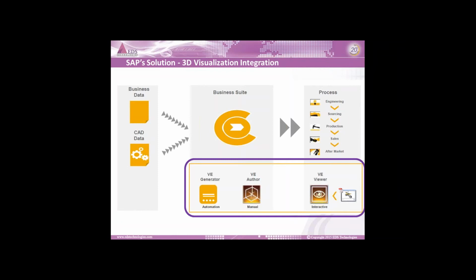This integrated approach brings in a complete end-to-end solution which can address the issues we discussed in the previous slides on the business challenges that these business functions are facing, primarily engineering, manufacturing, service and support, or sales and marketing departments.